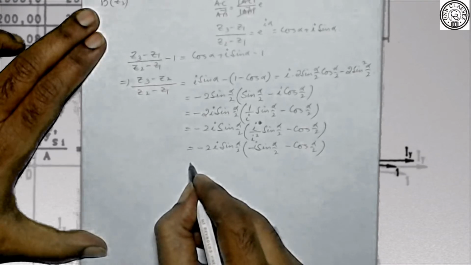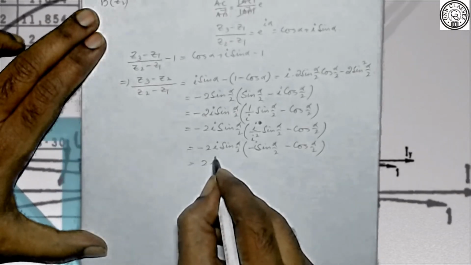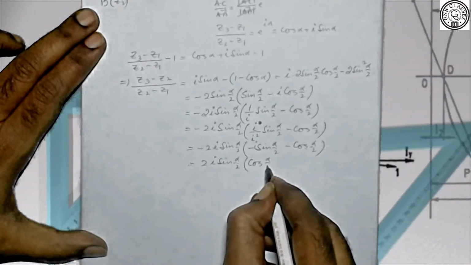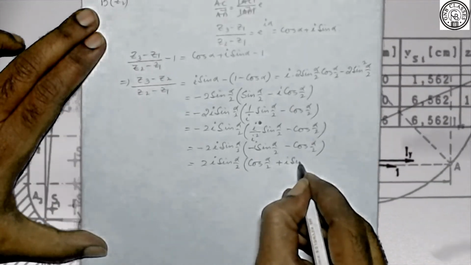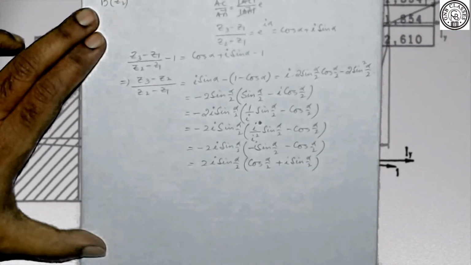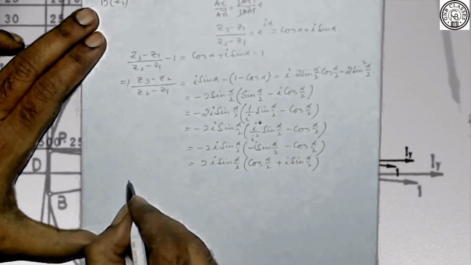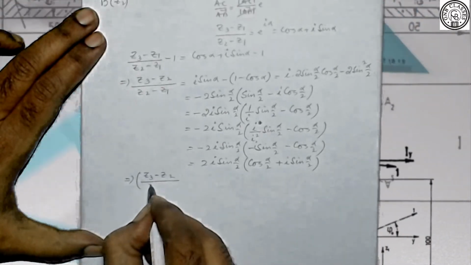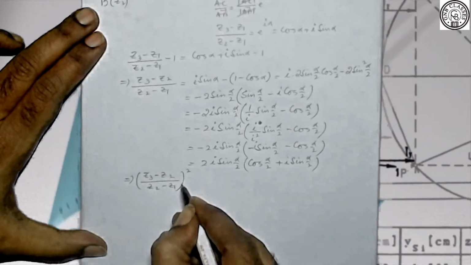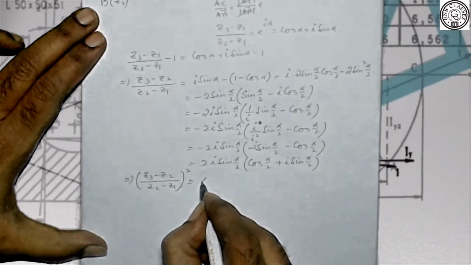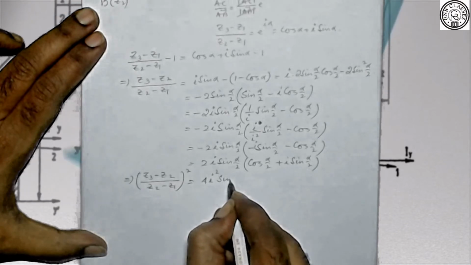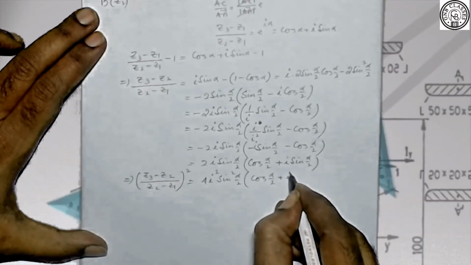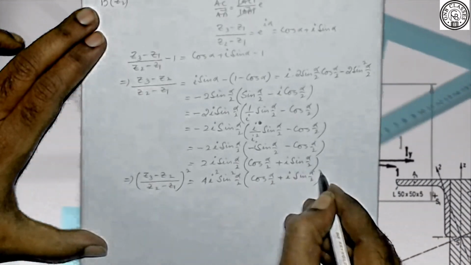And let me take a minus common, so we are having 2 iota sin alpha by 2 (cos alpha by 2 plus iota sin alpha by 2). Is it clear? Now let me square both sides. So this is basically 4 iota square sin square alpha by 2 (cos alpha by 2 plus iota sin alpha by 2) whole square.